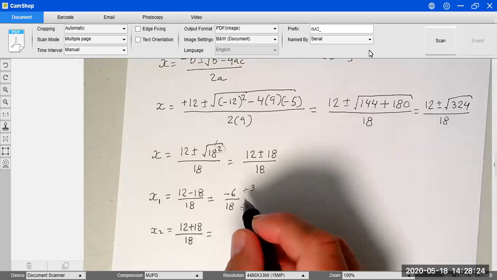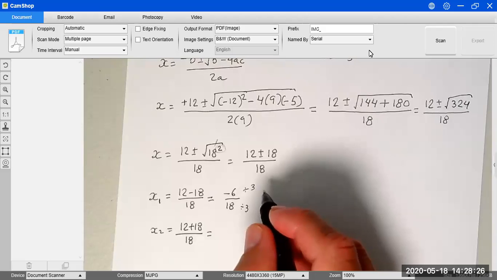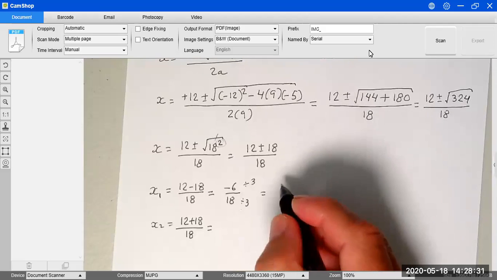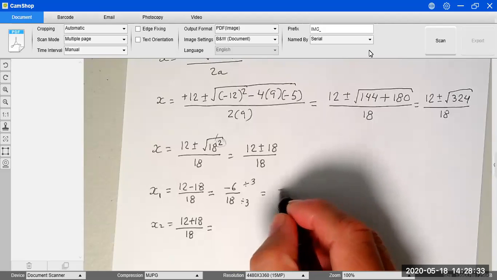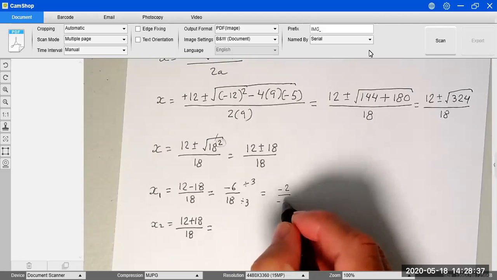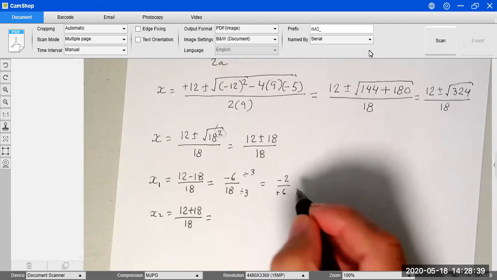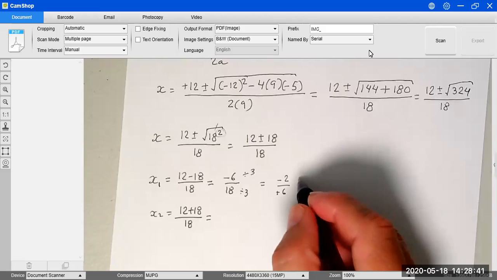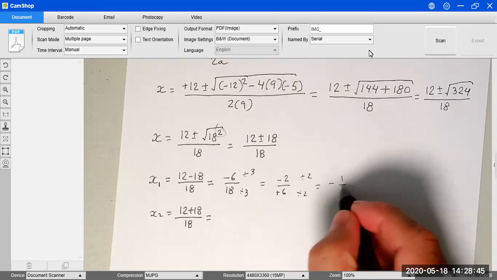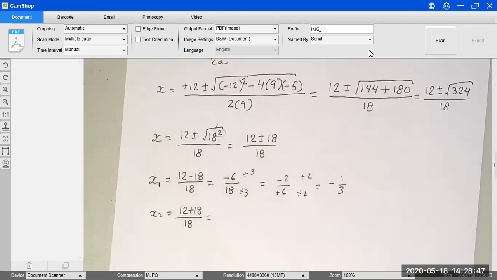If you divide by 6, you just get, okay, let's do, I divided by 3, so you're gonna get negative 2 over positive 6. And then we divide by 2 now, so you're gonna get negative 1 over 3. So that is gonna be our first solution.